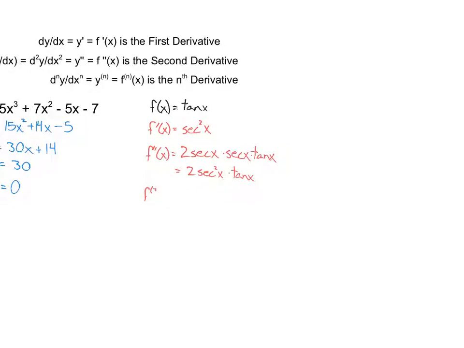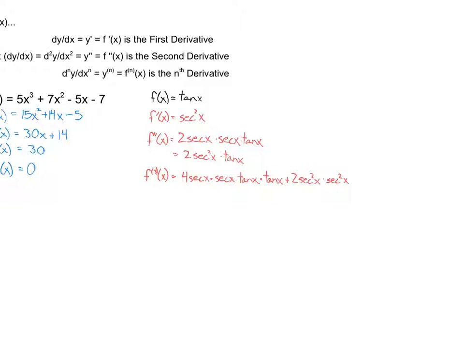So f triple prime, the third derivative, is: the derivative of 2 secant squared is 4 secant to the first, the derivative of the square, times the derivative of secant, so secant times tangent. That's the u prime, times v, which is tangent x. Plus 2 secant squared x times the derivative of tangent, so times secant squared x.